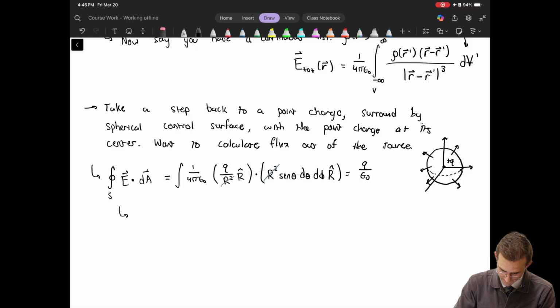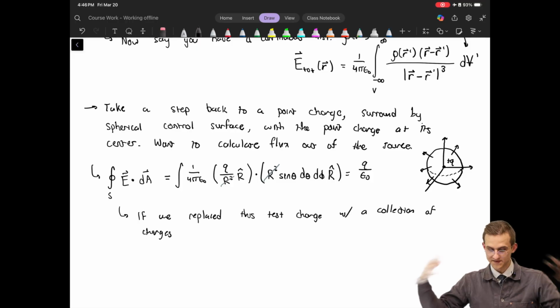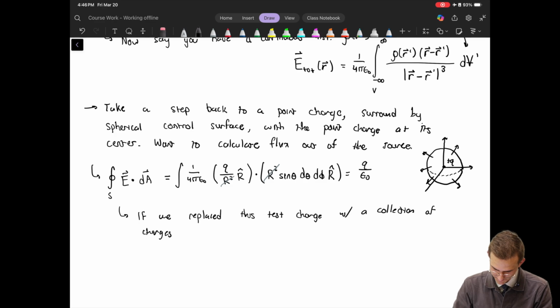So if we replaced this test charge with a collection of charges, you could just make the surface bigger, and you could then just sum up all the different integrals, right? You could just keep summing up integrals.